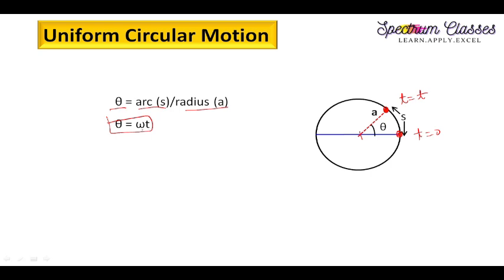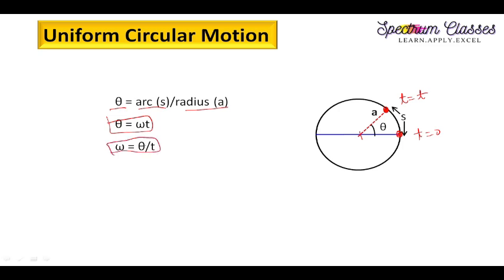Omega is the angular frequency and sometimes the angular velocity. I told you in case of simple harmonic motion it is angular frequency, and in circular motion it is angular velocity.